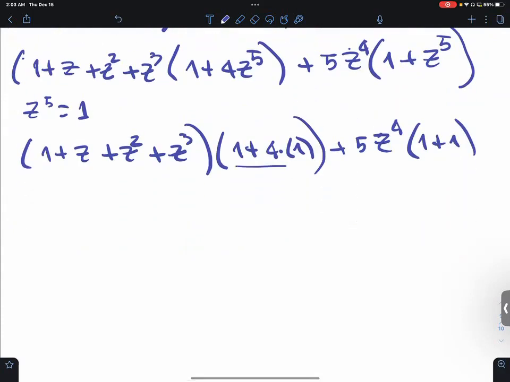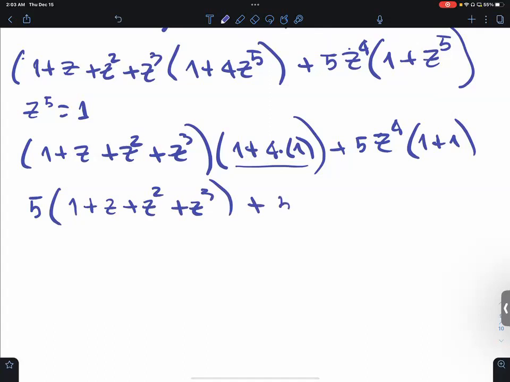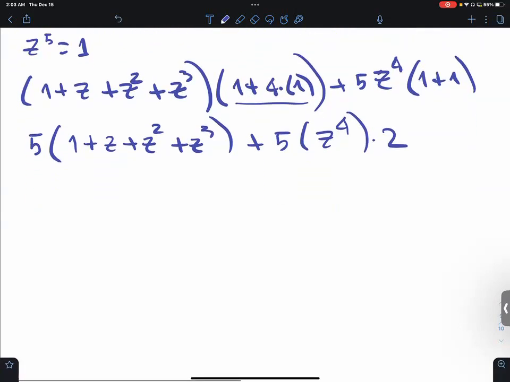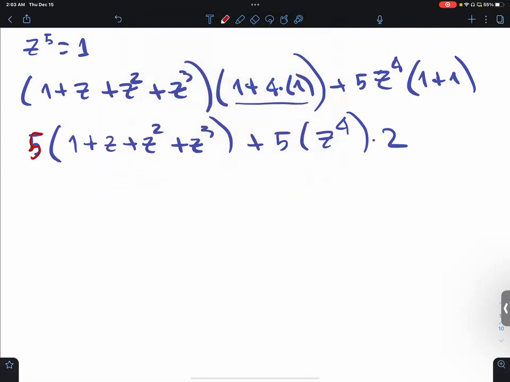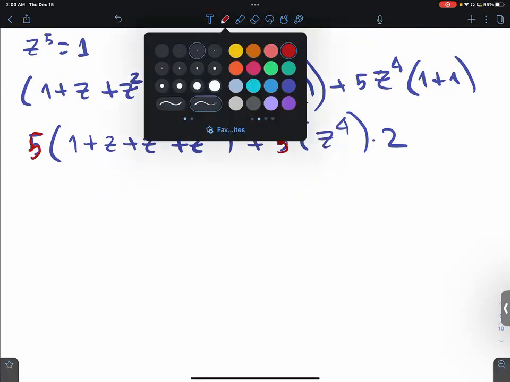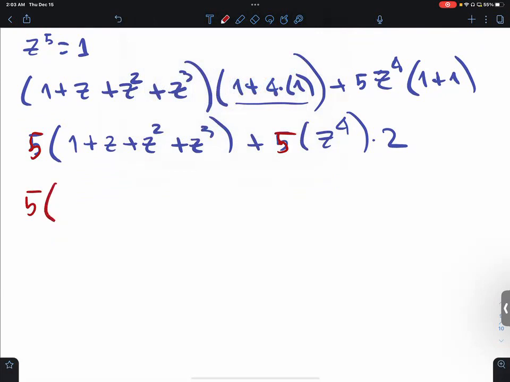From here, I have 5 times 1 plus z squared plus z to the 3rd, plus 5, plus 10. Okay, let me leave the 5z to the 4 here, times 2. And then I will factor out these two 5s in new parentheses.